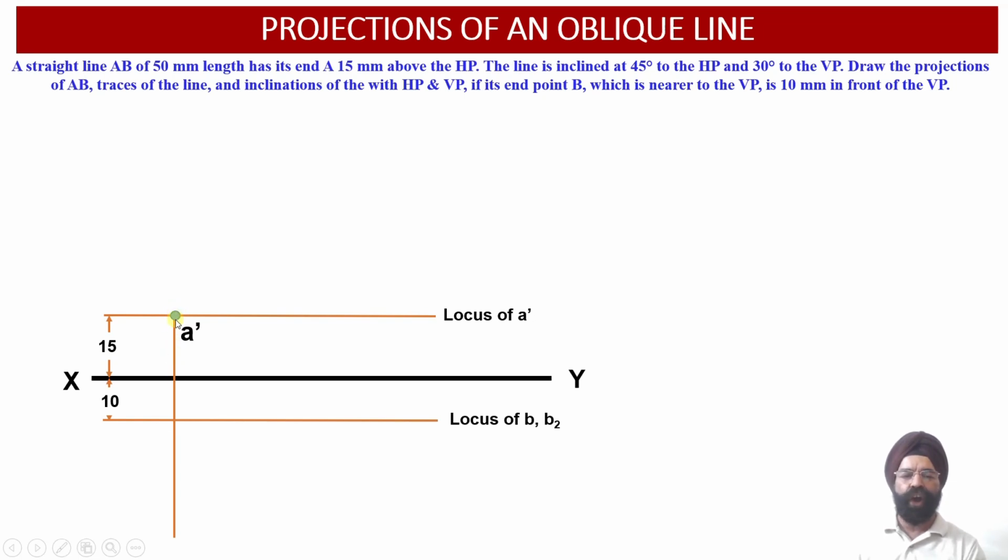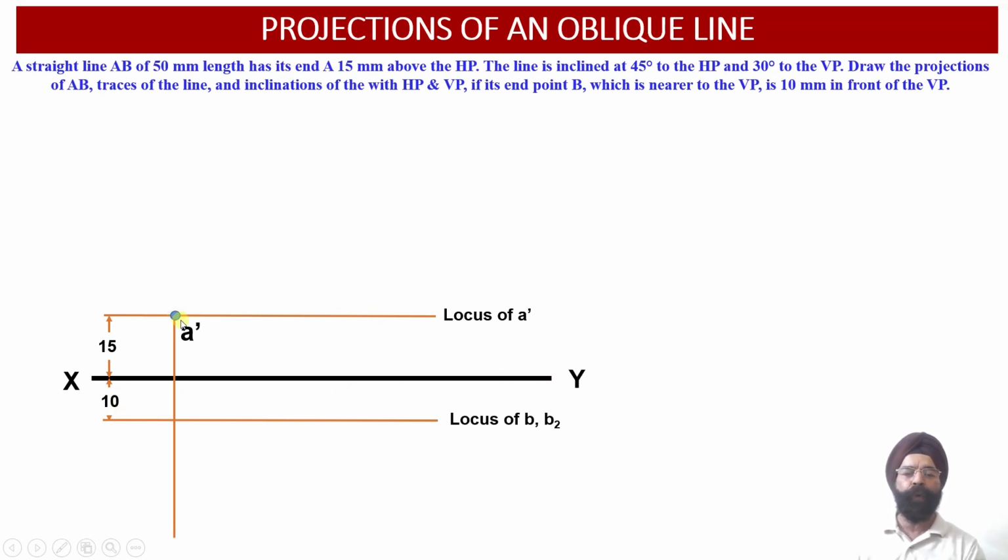Now we can draw a vertical projector line. We know that onto this very vertical projector line, the top view corresponding to the point A, that is small a, will be lying over here, because A dash and A, wherever they may be lying, should be on the same vertical projector line which is perpendicular to the XY reference line.